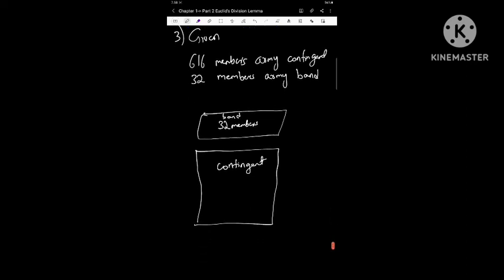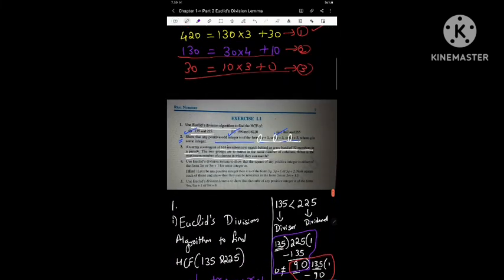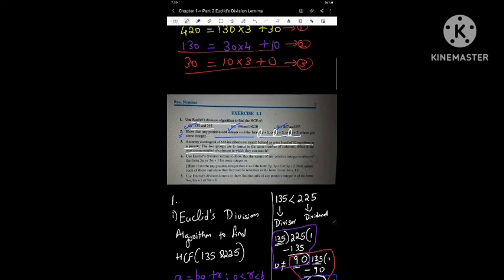Yes, contingent, and they are 616 members. They are supposed to march in an equal number of columns. Like see, they have to march in this way, right? So how many columns should they march in is what they're asking. They're asking what is the maximum number of columns in which they can march.